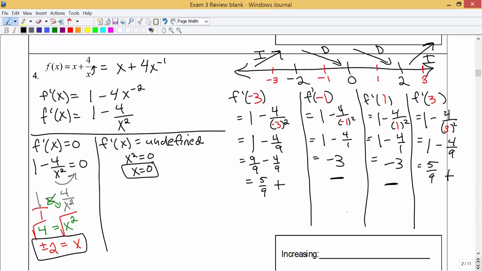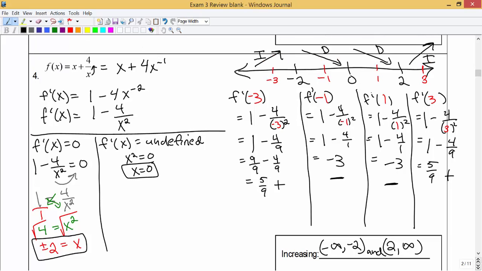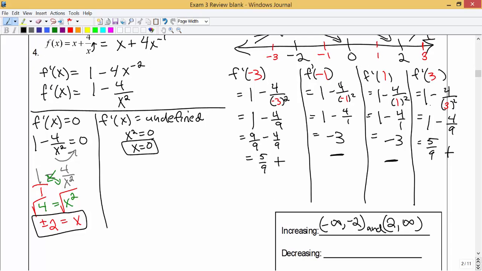Alright, so the intervals for which we are increasing would be from negative infinity to negative 2, and then again from 2 to infinity. And we are decreasing, rather, from negative 2 to 0, and then again from 0 to 2.